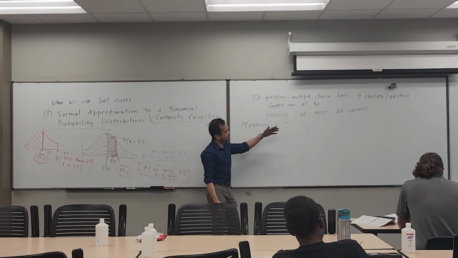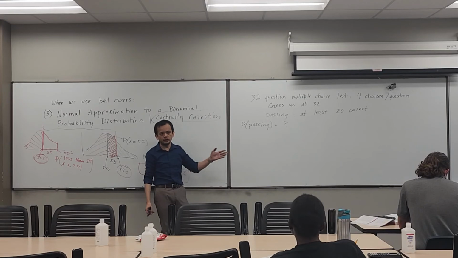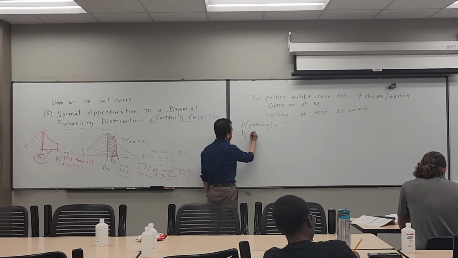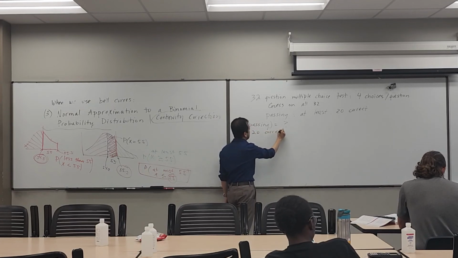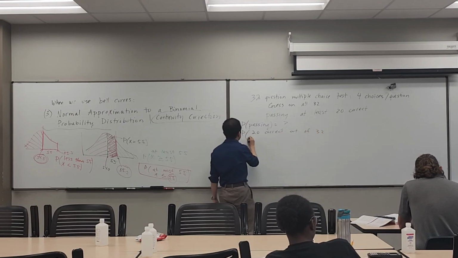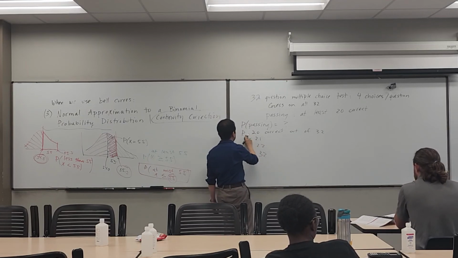So passing means that you have to get either 20 questions correct, or 21, or 22, all the way up to possibly 32. So passing is either you get 20 correct out of 32, or 21, or 22, and so on, all the way up through 32.